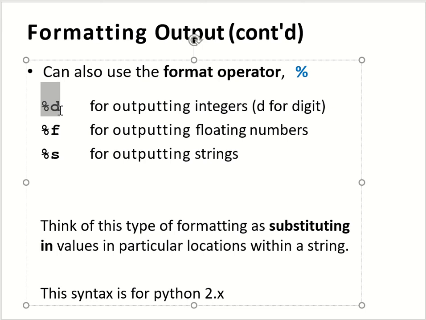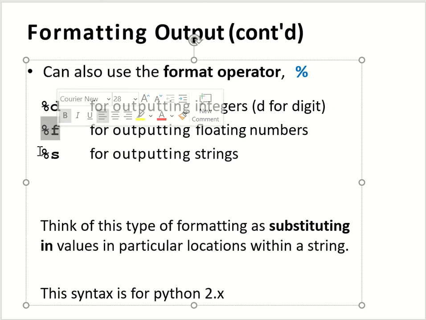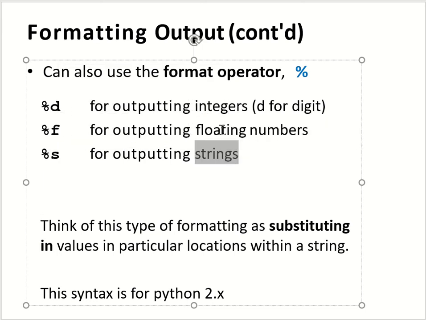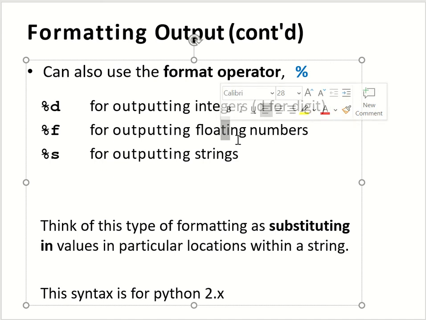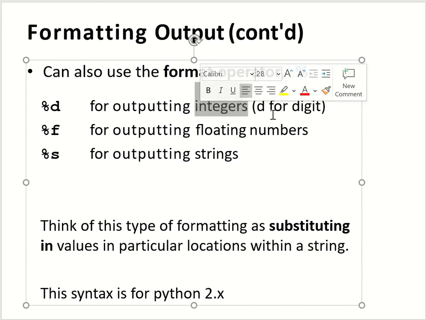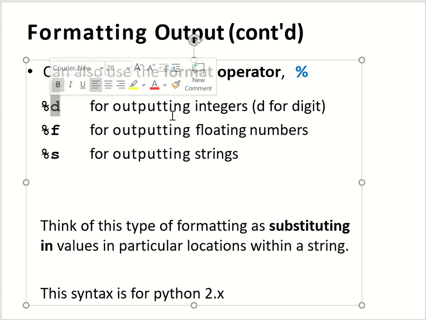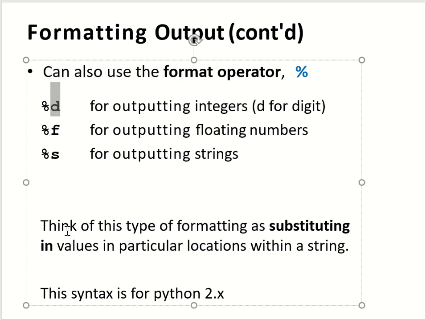And so you can have a %d, %f, %s, for inserting strings, floating point numbers, so anything with a decimal point, or integers into a string. Think of this as substituting in values at the location where you encounter these little tokens.